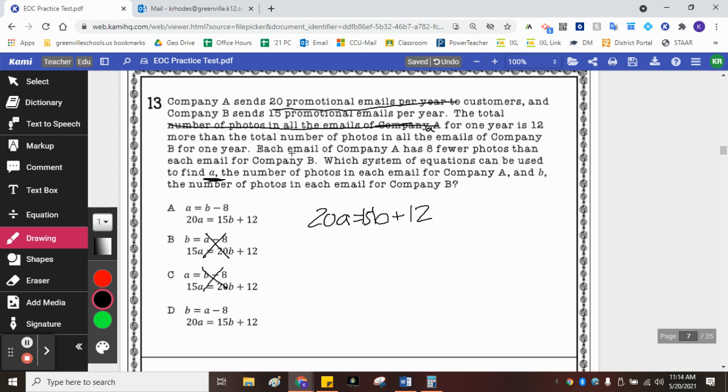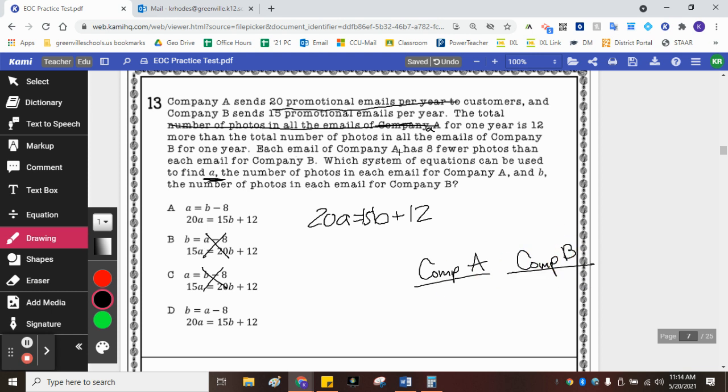And then the other sentence: each email of company A has 8 fewer photos than each email of company B. This is always the equation I get messed up.